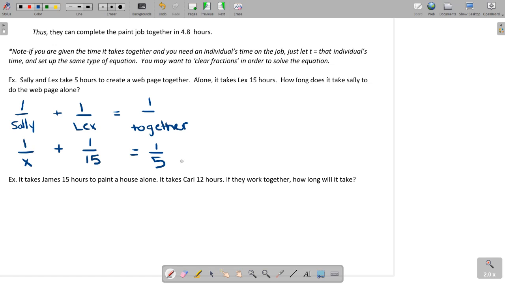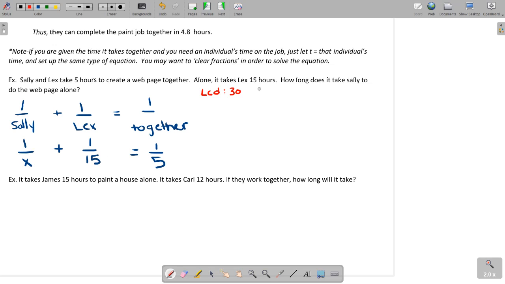Well, now we have an equation to work with, so we're going to go ahead and do that. So there's a couple different ways we can do this. We can add on this side, find a common denominator, and then cross multiply, or we can clear the fractions. So let's go ahead, let's clear the fractions. So we're going to find an LCD here, and that LCD, 15 and 5 both go into 30.